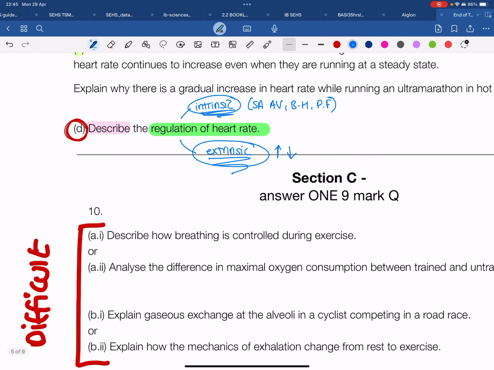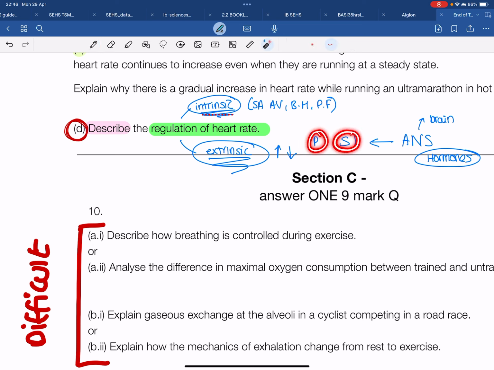So extrinsic, I'm going to show you a little plan on the next page, but essentially what we're looking at is our parasympathetic nervous system and our sympathetic nervous system, which are both branches of the autonomic nervous system. That's connected to the brain. Essentially we're going to release neurotransmitters, or hormones is fine for this level, that are going to link to each of these two systems.